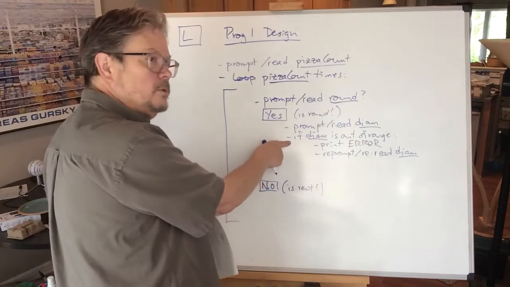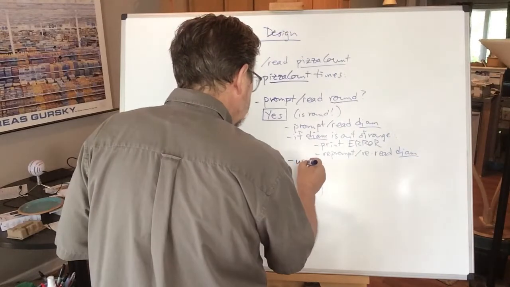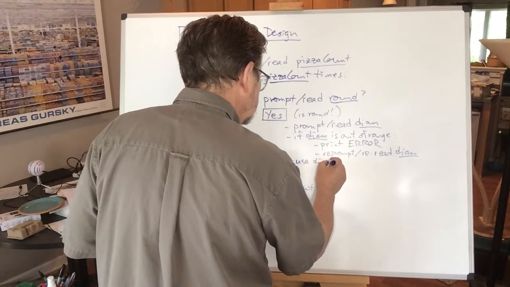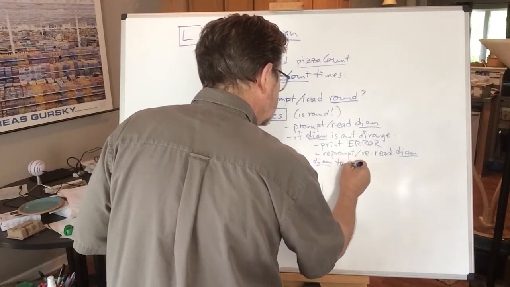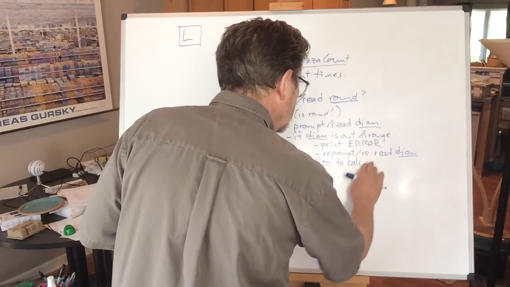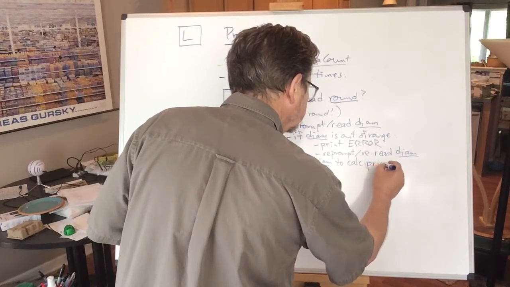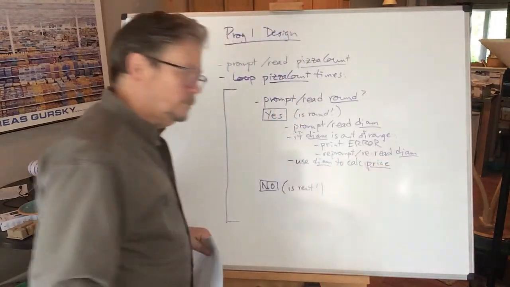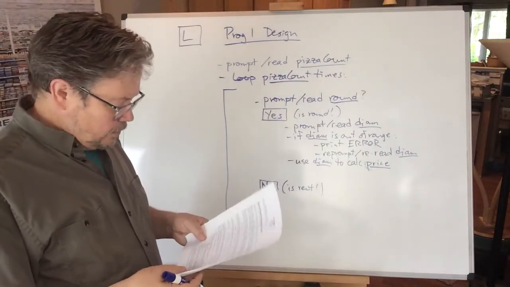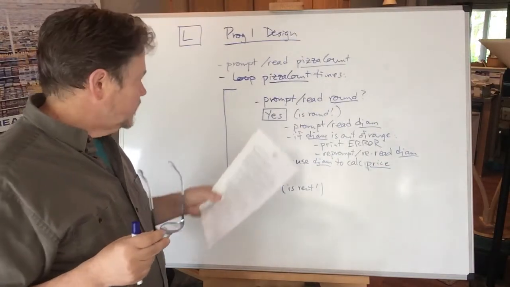Second thing I need to do is check and make sure it's valid. Third thing I need to do is to use diam to calculate, CALC for short, calculate pizza price. I'll just call it price. Price. That should be, I hope, all of 2B, if it's a round pizza.